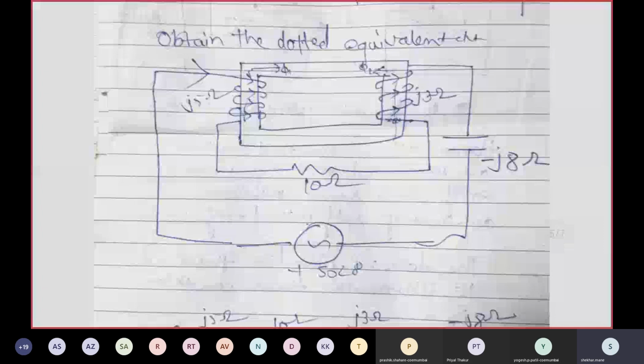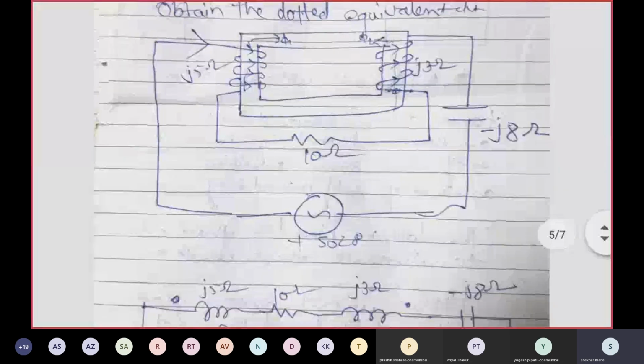Now if you want to represent these coils with dots, then hold your hand in the direction of the current, and you will see flux phi1 is going upwards. It is shown in the figure, flux phi1 is going upwards, and in case of j3 ohm also, if you keep your fingers along the arrow shown, you will get phi2 in the upward direction.